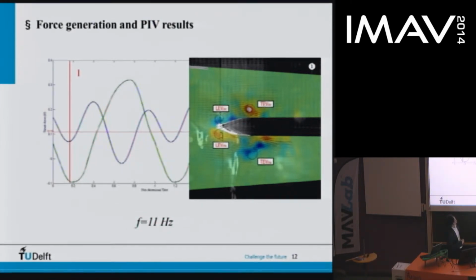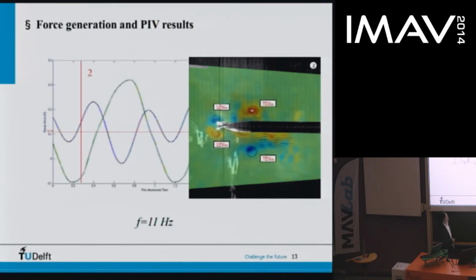And here, another pair of counter-rotating vortices is going to shed at the trailing edge. Here the angle of attack is very low, that's why we have very small thrust generation.